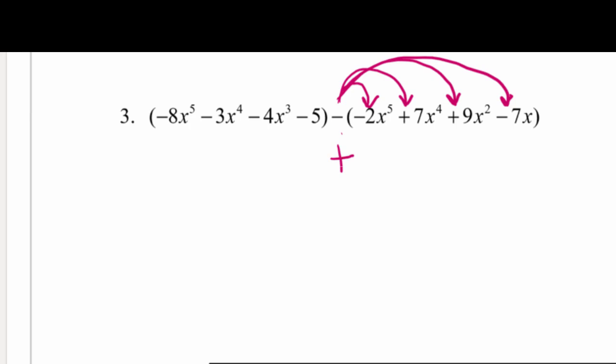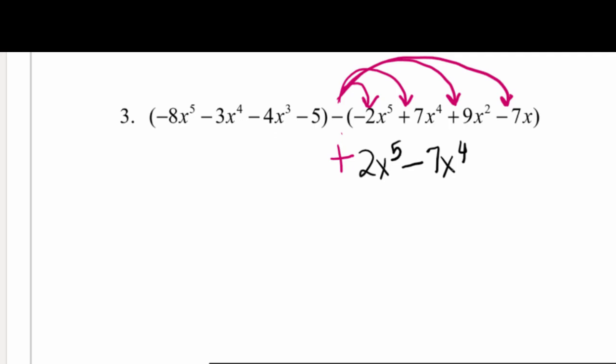So we're subtracting a negative 2x to the fifth here. That's equivalent to adding a positive 2x to the fifth, right? Adding the opposite. And if we're subtracting a positive 7x to the fourth, that's equivalent to adding a negative 7x to the fourth.